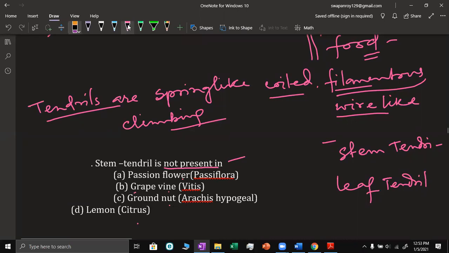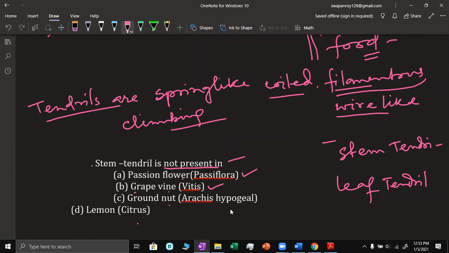In this question there is a little problem. Passion flower, they have tendrils. A stem tendril is there. Grapevine, it is there.